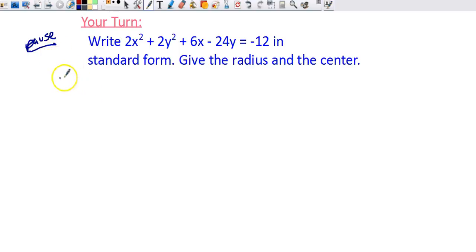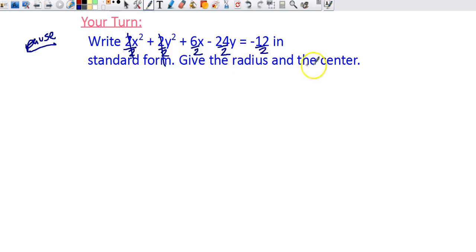Okay. Hopefully you've gotten a chance to try this one out. Let's dig in. We want to divide everything here by the number in front. Get rid of that coefficient. So divide by 2, everything gets divided by 2. That's going to cancel out those numbers. That's going to be 3, negative 12, and negative 6.